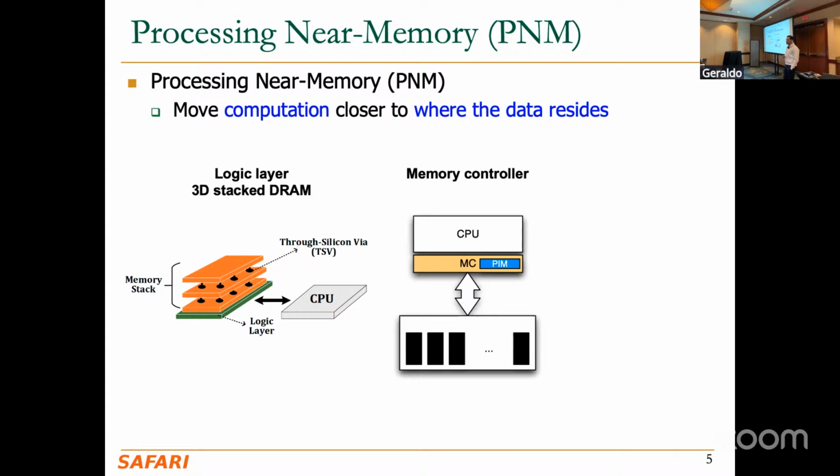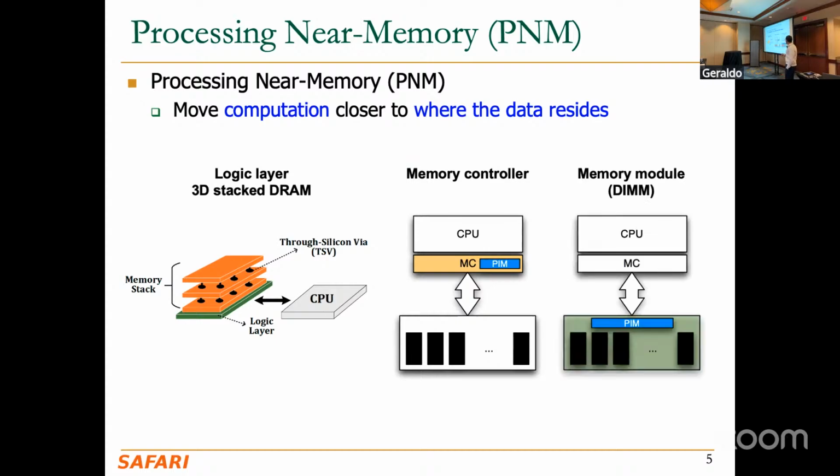We have some commercial solutions from Samsung right now that do something similar to this. Another solution would be to add some simple logic near the memory controller. Another solution would be to add some logic inside the DIMM, in the form factor of a DRAM chip, or even nearby a DRAM bank. This is just an overview. I'm going to give more details on all of those later on.